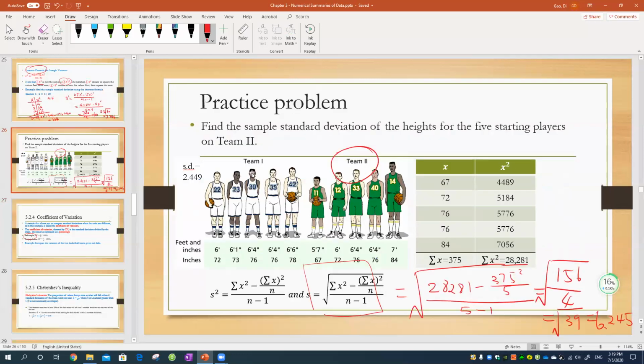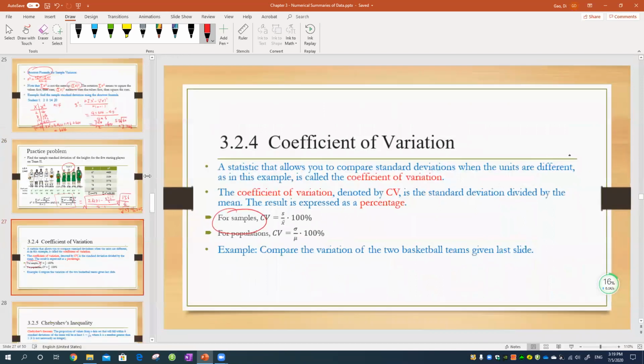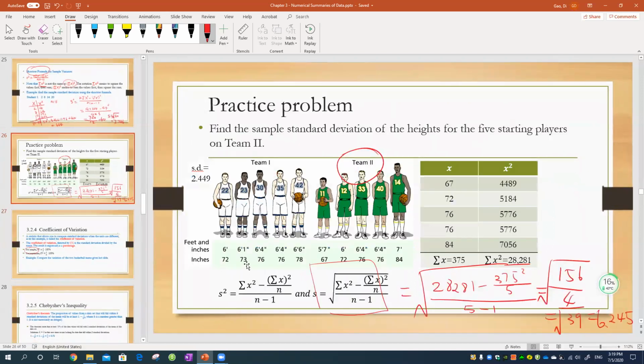For team one, we have the standard deviation equals 2.449. And then the sample mean, we have to calculate that. So let's write down the information for team one. We still cannot see that. So 72, 73, 76, 76, 78.